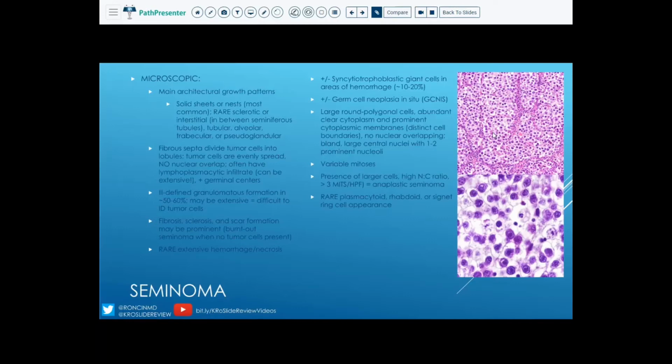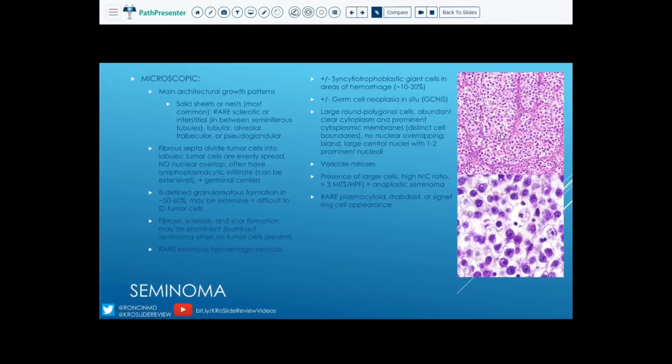You can actually see germinal centers with the lymphocytic proliferation, so don't be worried if you see that. More than half of the cases will have very ill-defined granulomatous formations. If they're really extensive, it can be difficult to identify your tumor cells. And remember, we have things like granulomatous orchitis, so it can be really challenging if that's an extensive component.